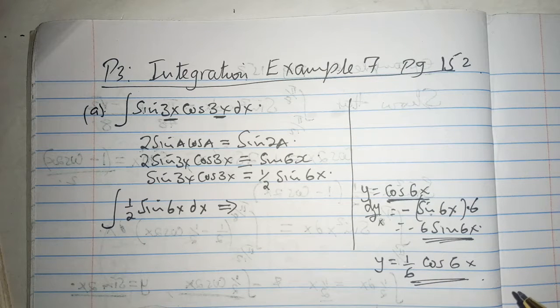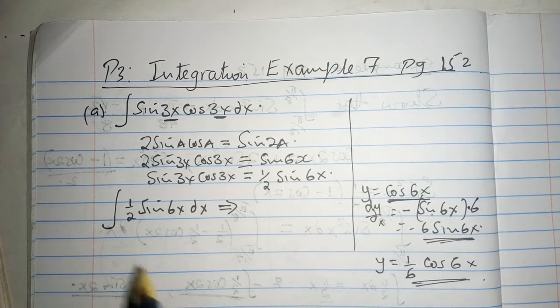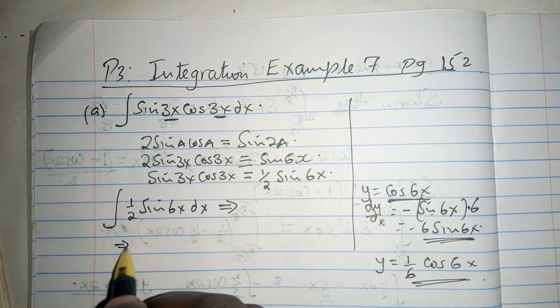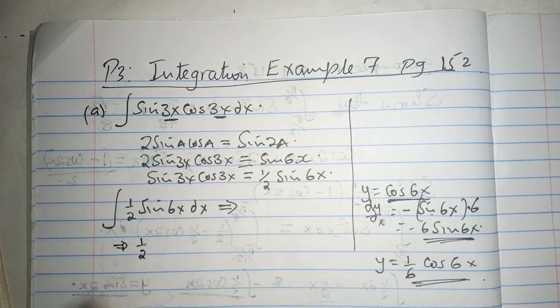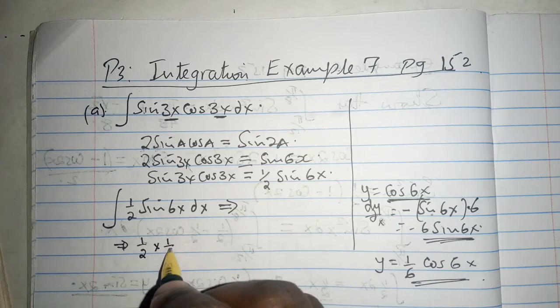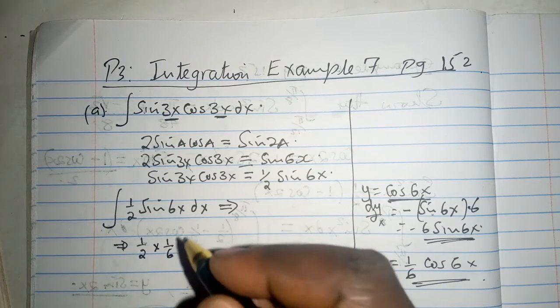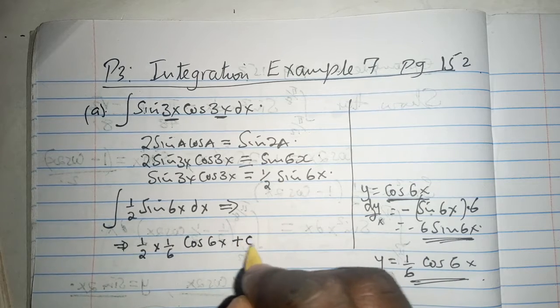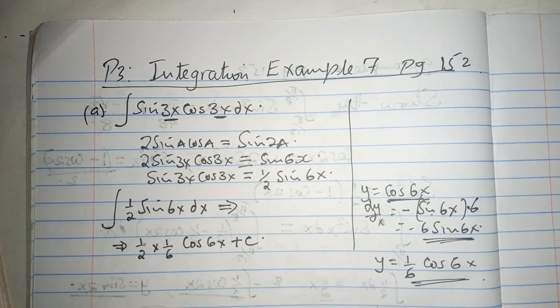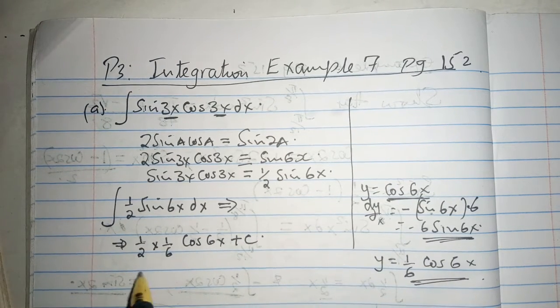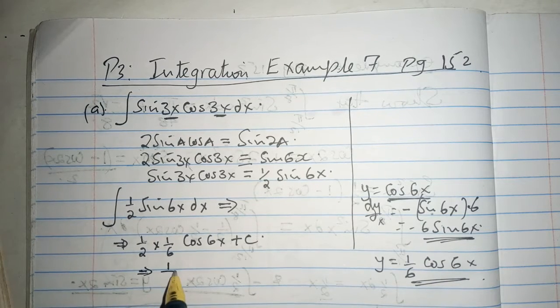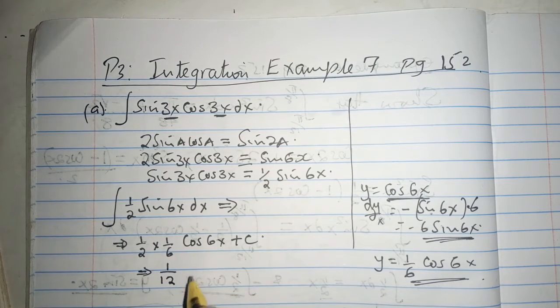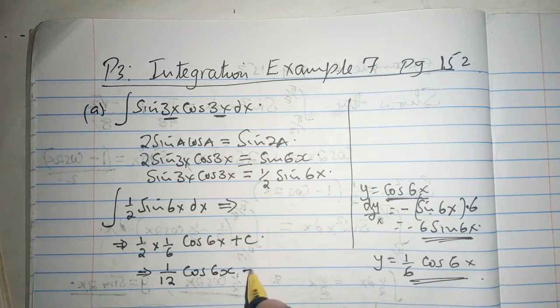Therefore the integral is a half, which is a constant, multiplied by a sixth cosine 6x, of course plus a constant. Our final submission is going to be 1 over 12 cosine 6x plus a constant.